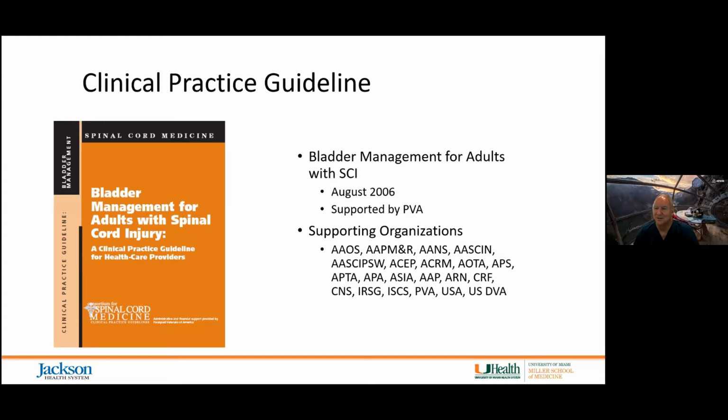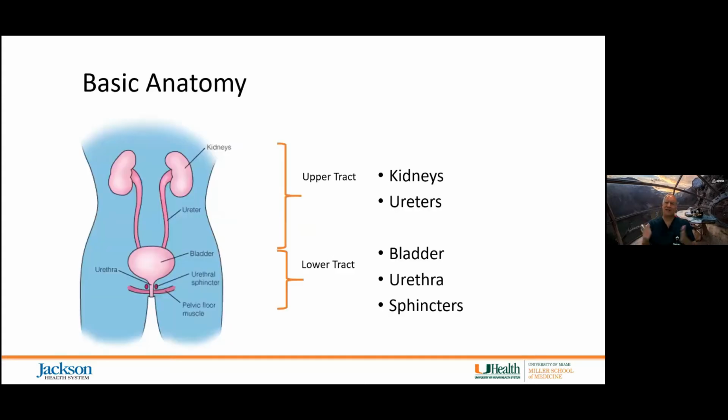So basic anatomy, we're going to talk through the upper tract, which includes the kidneys and ureters, as well as the lower tract, which is the bladder, urethra, and sphincters. Hopefully this is not new to any of you.